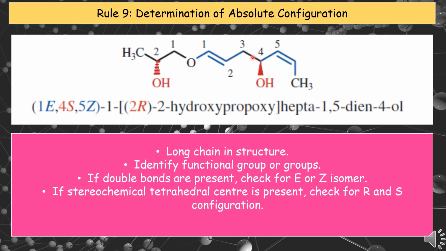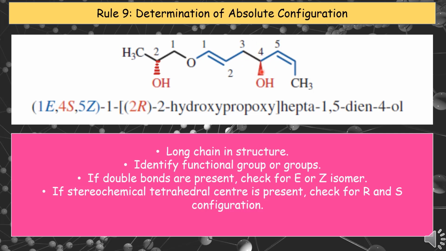If you consider the priority order, oxygen has the highest priority, 1. Then this one is priority 2, then 3, and the 4th priority group is hydrogen, which is present at the back.